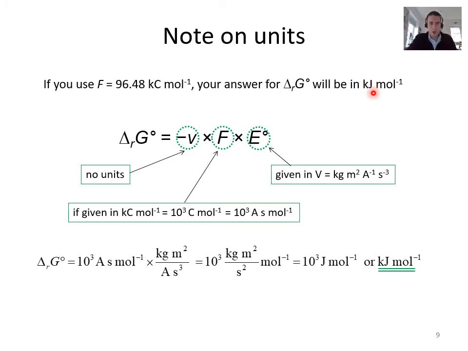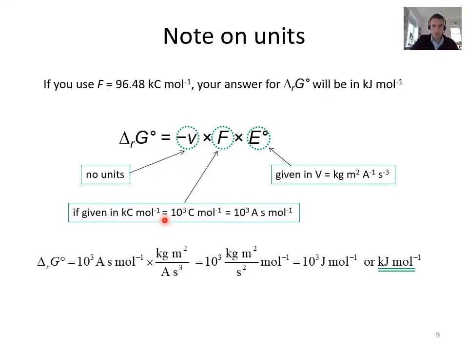Then you have to do some calculations, and this is a bit tricky because some of these units are compound SI units. They're not base SI units, so we need to go back to the base in order to figure out where it's all coming from. But you should be able to follow this. So V doesn't have any units.